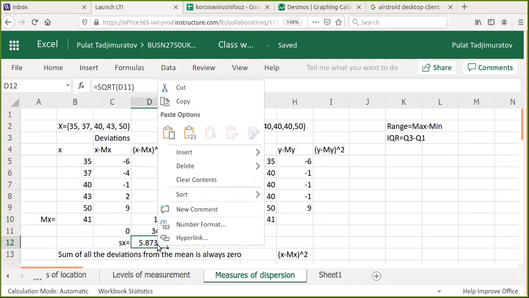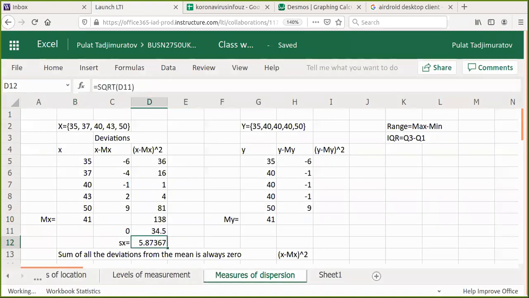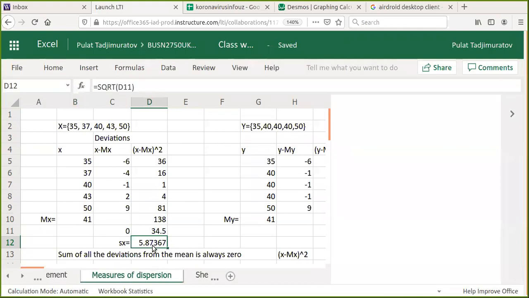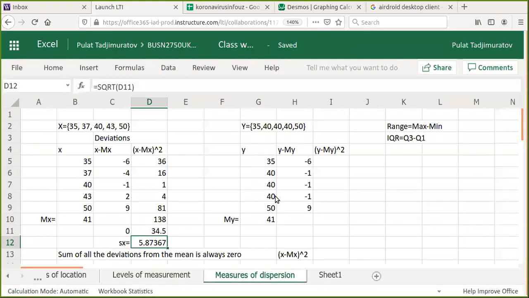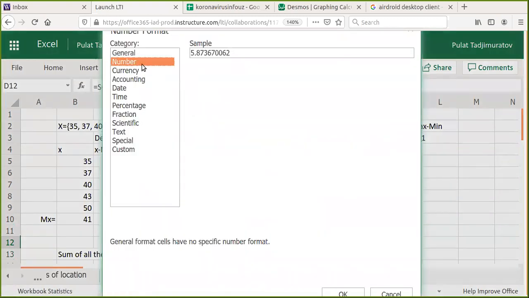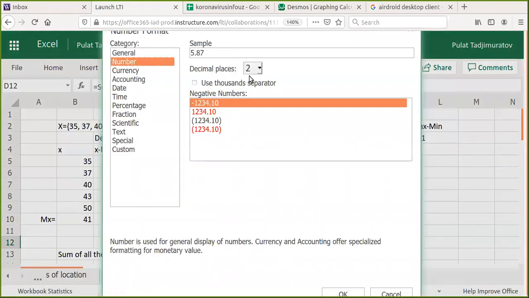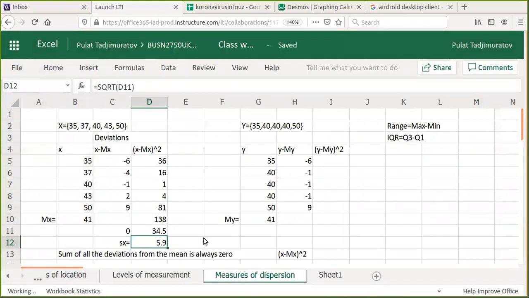Oh, and by the way, let me round that. We don't need 5 numbers after the decimal. Yeah, I clicked the wrong button. It happens. So number format, and maybe we can just leave 1 decimal place. Okay, so approximately 5.9.